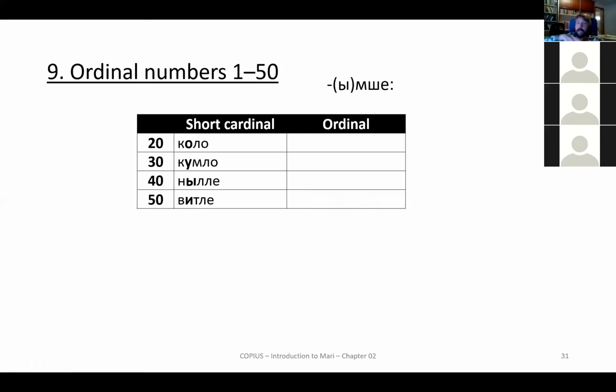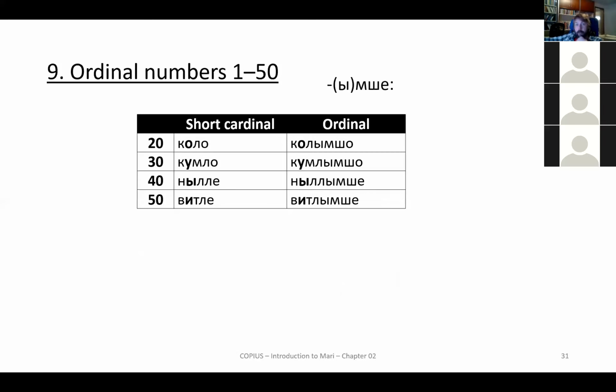So, and when we look at the multiples of 10, it's also formed by exactly the same principle. So kolo is kolumsho, kumlo is kumlumsho, nilla is nillumshe, and vitle becomes vitlumshe. So nillumshe, here you have to be careful, because think of what the ordinal form of 4 was.